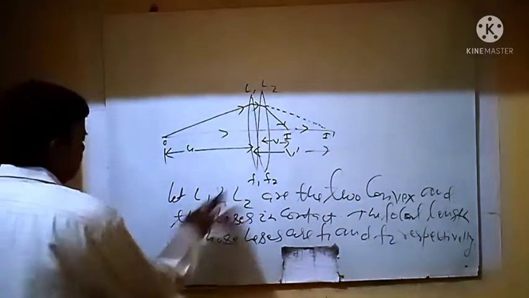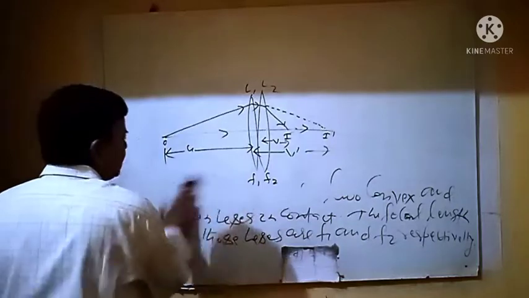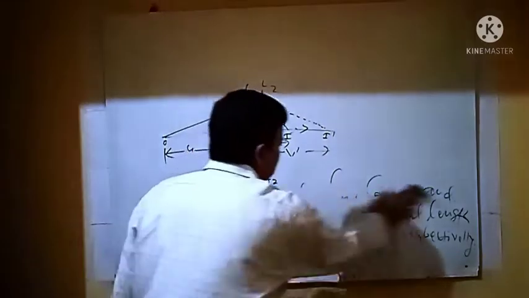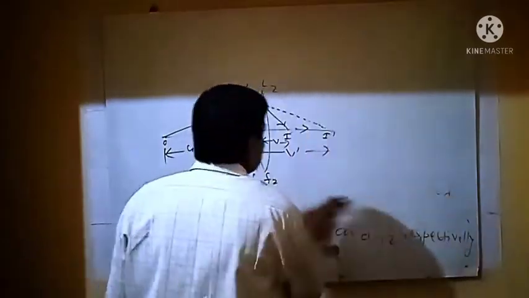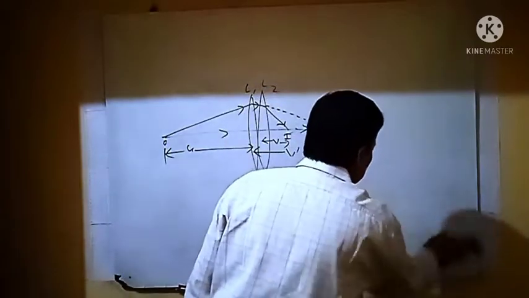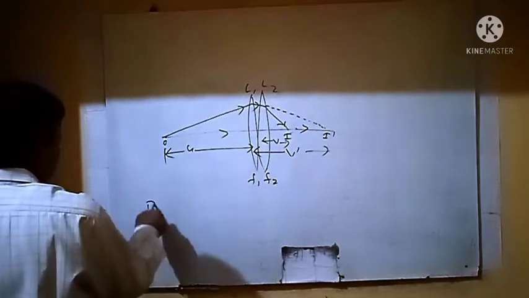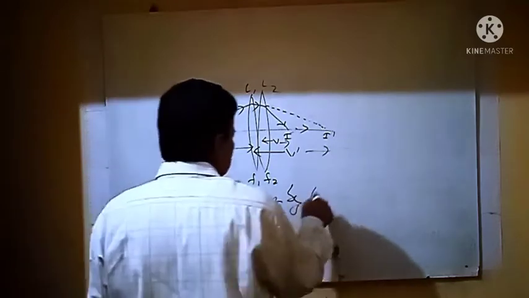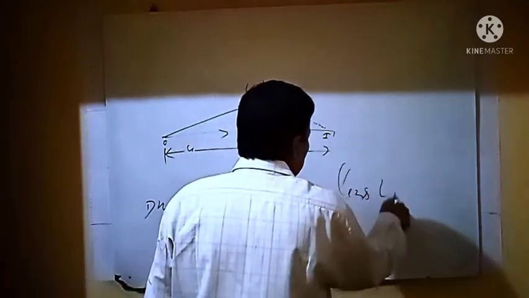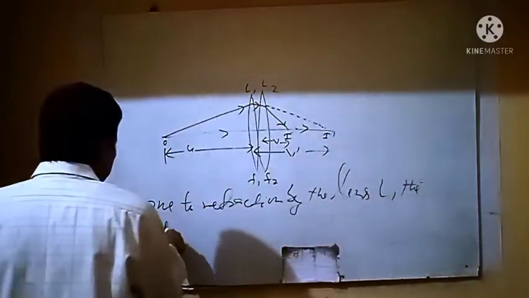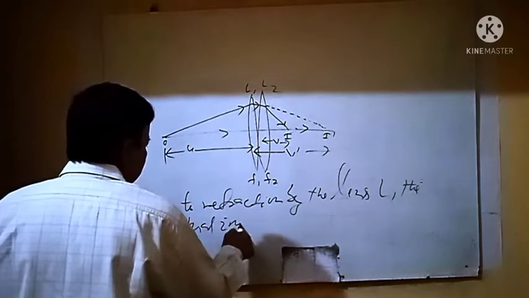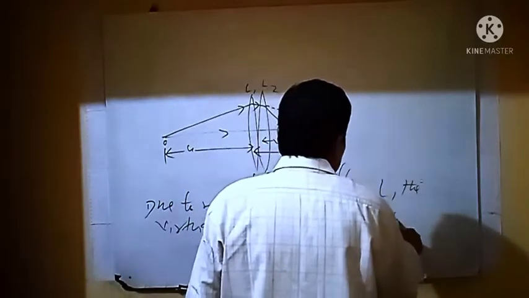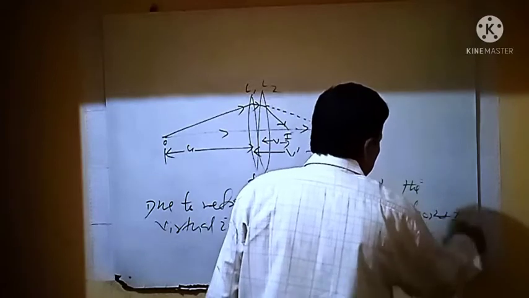Due to refraction by the lens L1, the virtual image is formed at the point I dash.